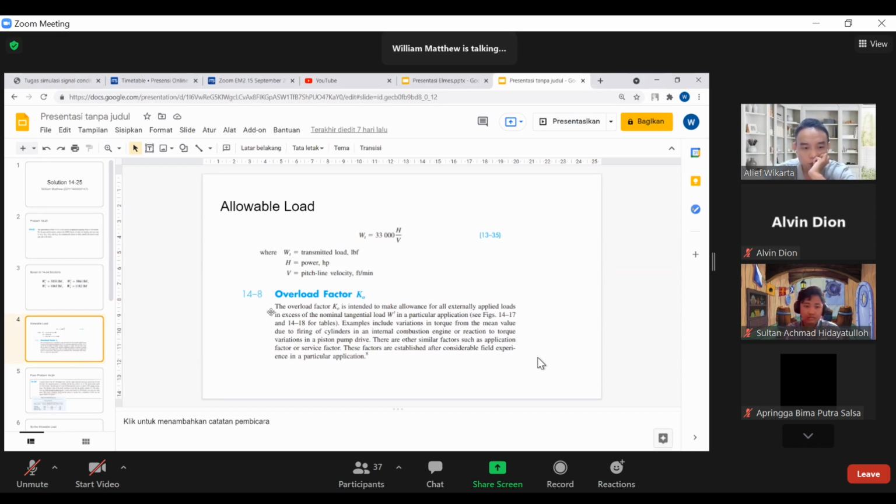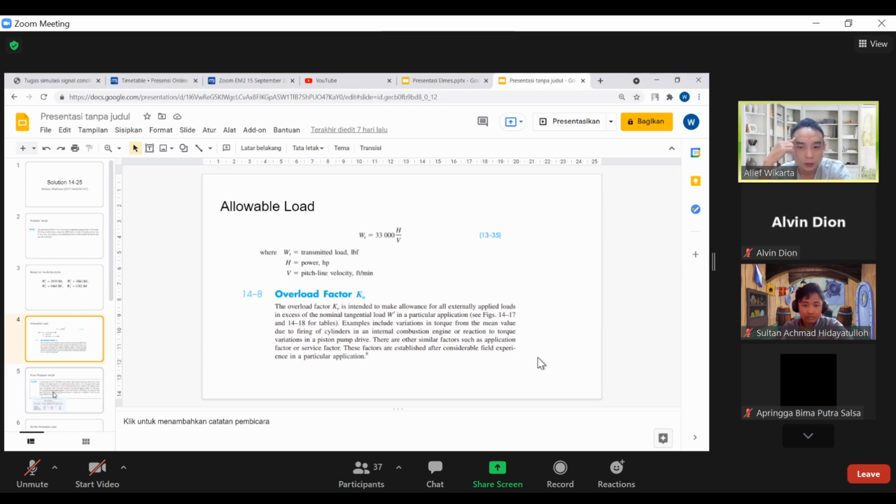The formula for the transmitted load is like this, and we need the overload factor K0 here, so the material can be safe for the tangential transmitted load.